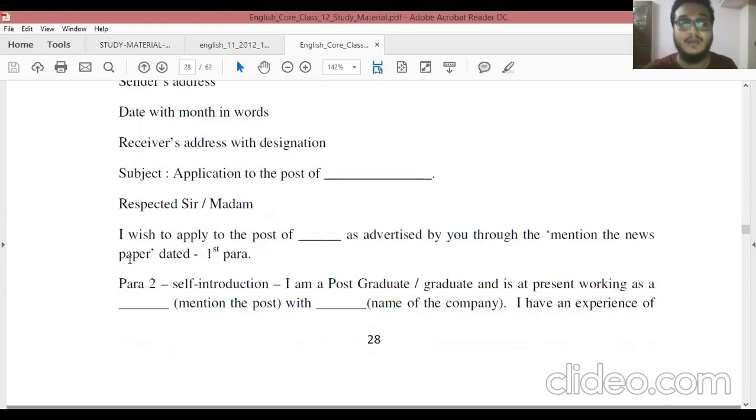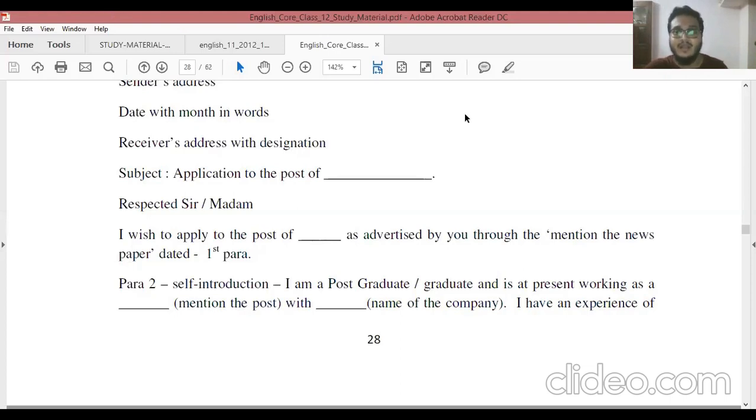Mention the newspaper: The Indian Express, the Times of India, the Hindustan Times, the Dharitri, the Samaj. Which newspaper did you get this advertisement information from? Okay, and dated, on which date this news was given in the newspaper. Clear? This is the first paragraph. Understood, all of you? Quickly write it down. Yes, in the box. I hope the first paragraph is clear to you, students.